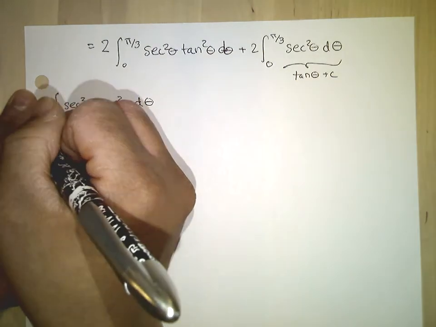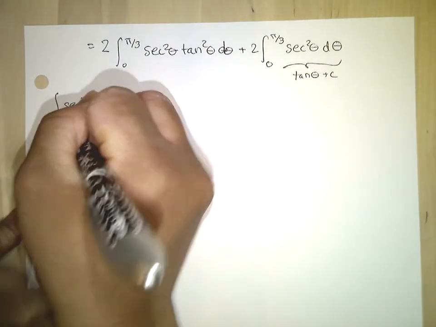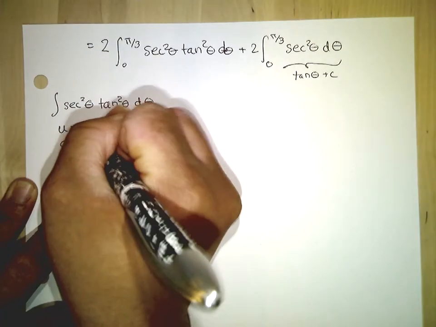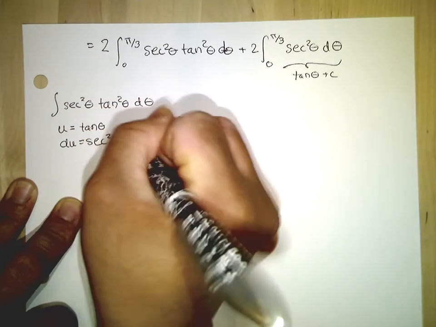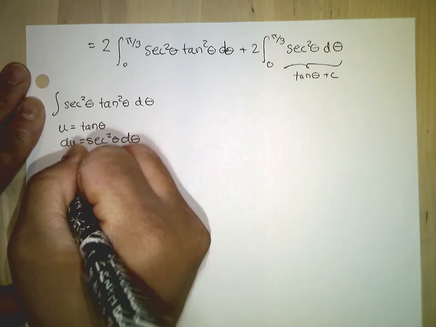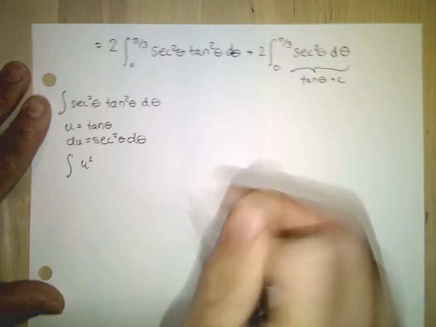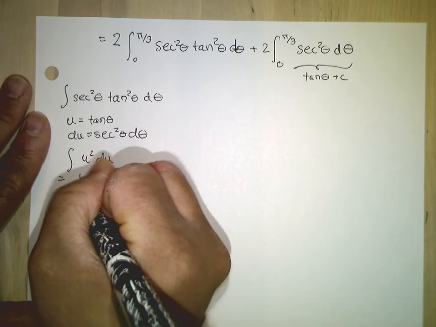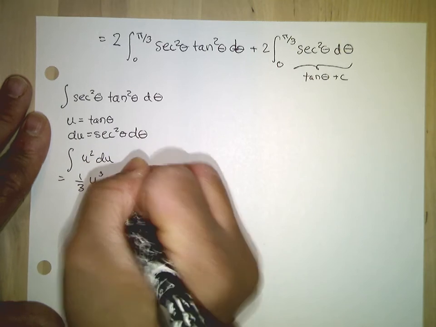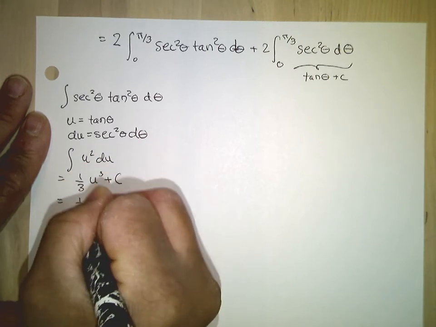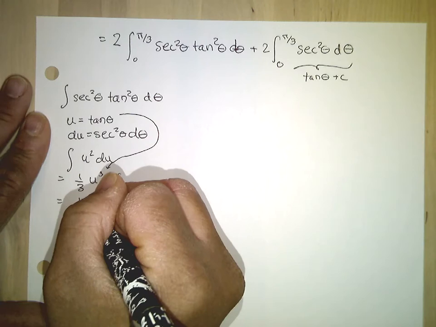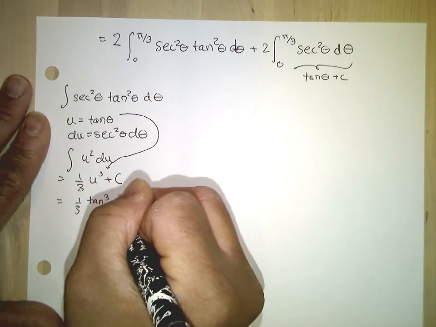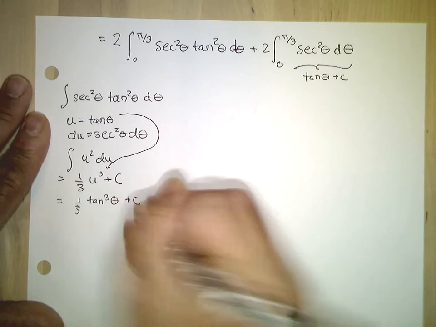Well, if you let u be the tangent of theta, then du is secant squared theta d theta. So this integral becomes the integral of u squared du. So that will be 1/3 u to the third plus c, and u was tangent of theta. So 1/3 tangent to the third theta plus c.